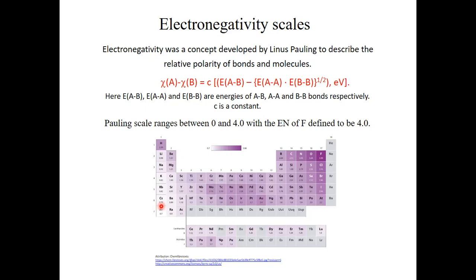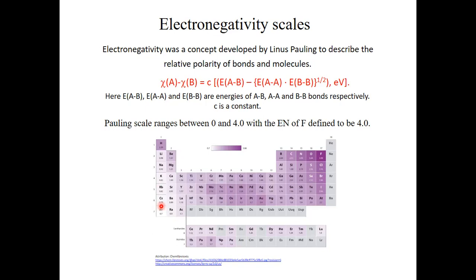Now the Pauling electronegativity scale was empirically derived from bond dissociation energies, but it has not been derived from the quantum mechanical model of the atom and other periodic properties.